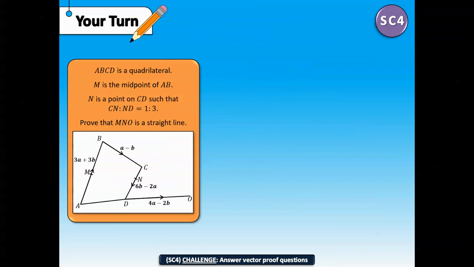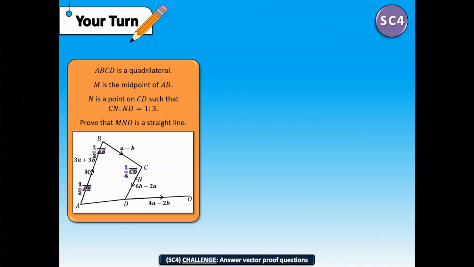For the amber question, we want to prove that MNO is a straight line. So AM is a half of AB, and MB is also a half of AB.